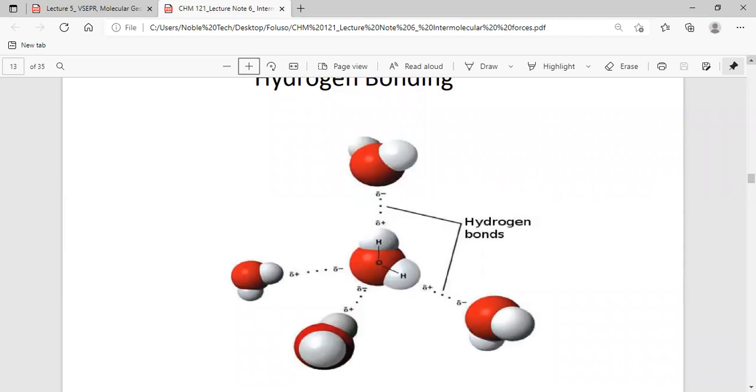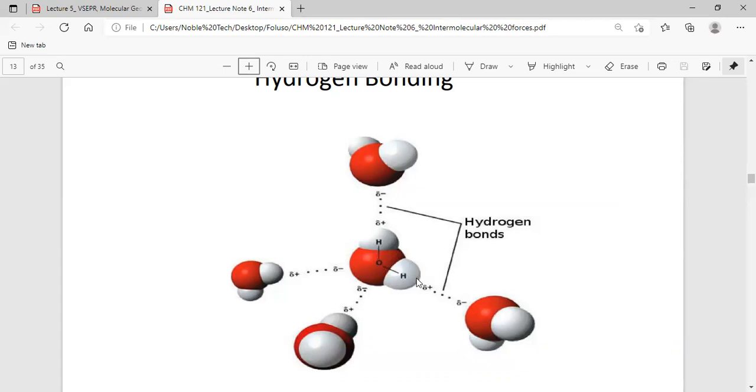Now, this is an example of what we're talking about. In the case of water, water has oxygen as a central atom and 2 atoms of hydrogen bonded to it. The oxygen atom polarizes the bond towards itself because it's electronegative, so it becomes partially electronegative.